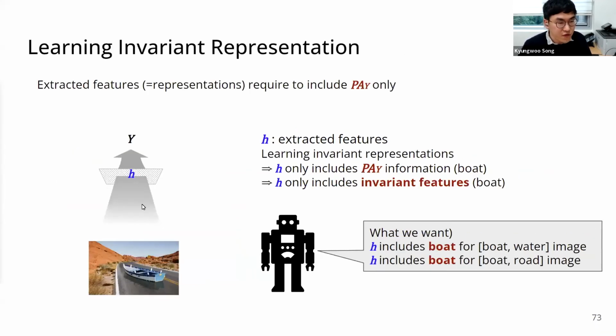When the extracted features include undesirable features, it might cause a problem. How can we encourage the extracted features to focus only on the invariant features, such as the object, not the background? What we want is that H includes the same features for a boat and water image, and a boat on the road image also.